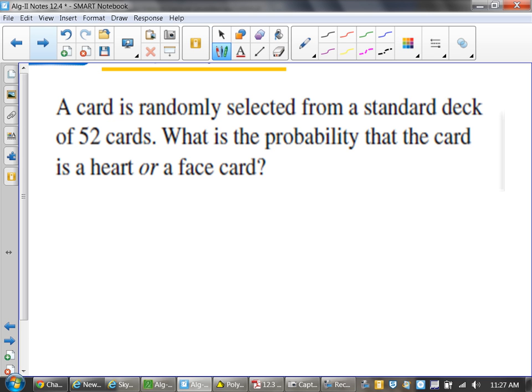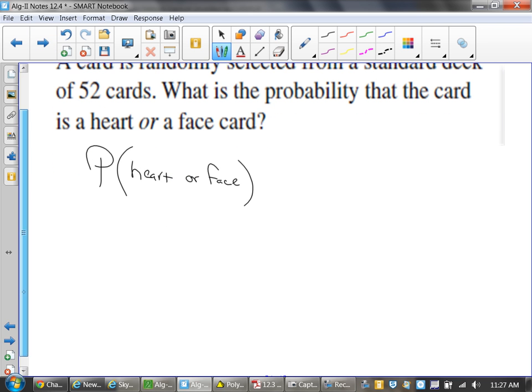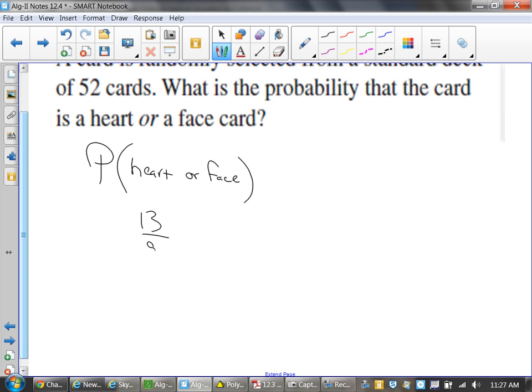Well, how many hearts are there? There are 13. So you have 13 hearts out of the 52. We know that there's how many face cards? 12 of them. Now, what have we double counted? Three hearts. The heart face cards, so what do we have to back out? Subtract 3. Good.